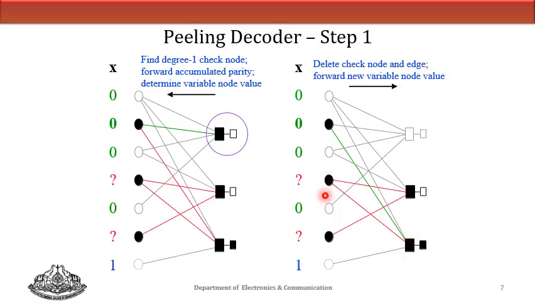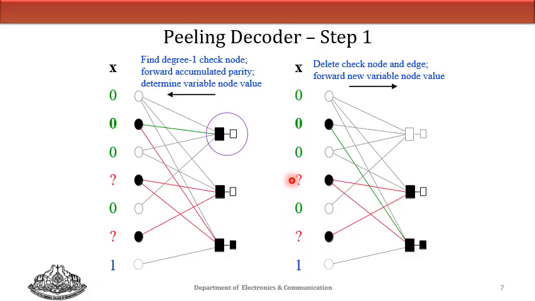So you can easily find this value by summing all the other values received from the other edges. This is 1. This is now 0. The first one is also 0. So 0 plus 0 plus 1. This check node will determine this value to be 1, because otherwise the sum is 1.